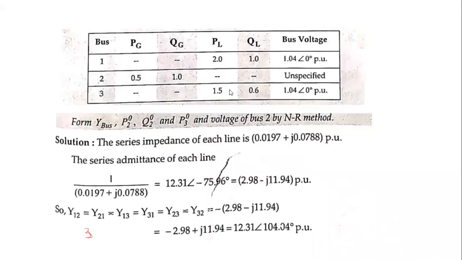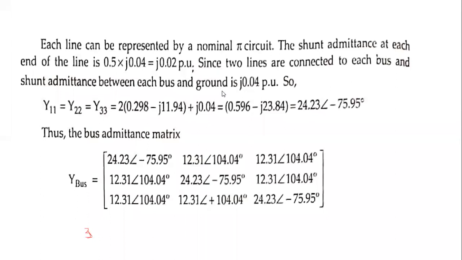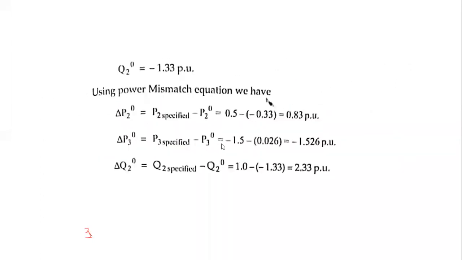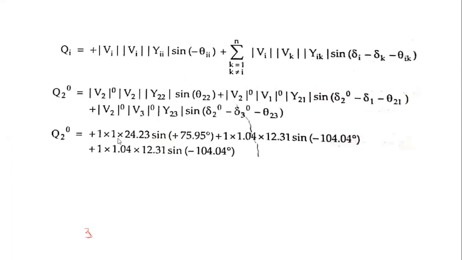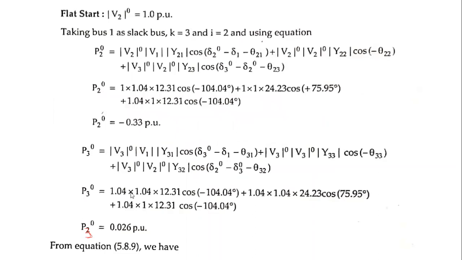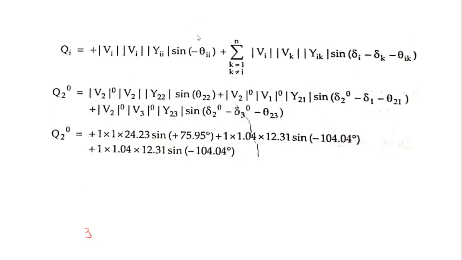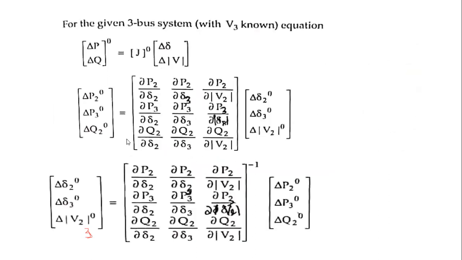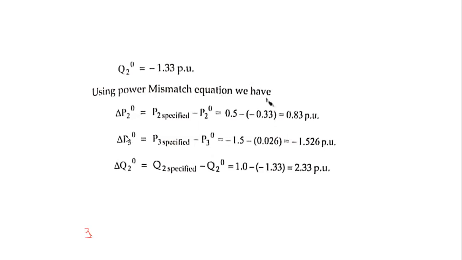P3 specified is 1.5. So 1.5 minus P3 of 0, which is 0.026. Substitute those terms and then we determine delta P3 power 0.